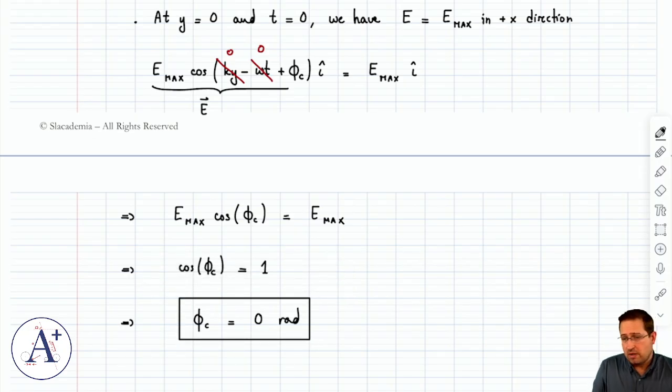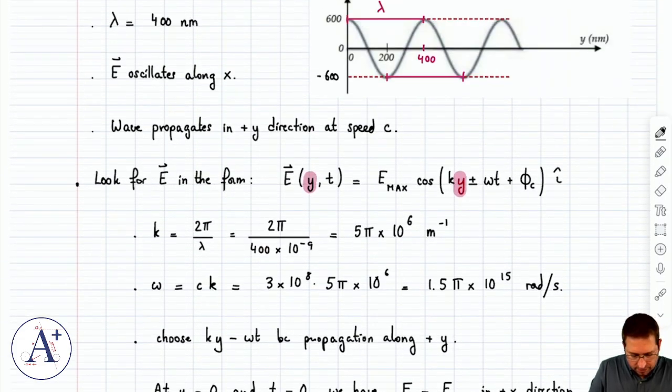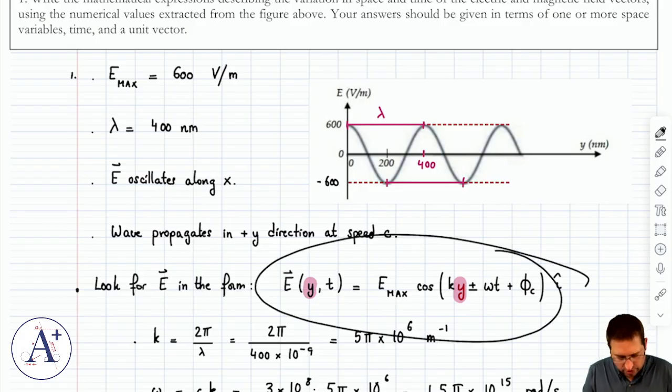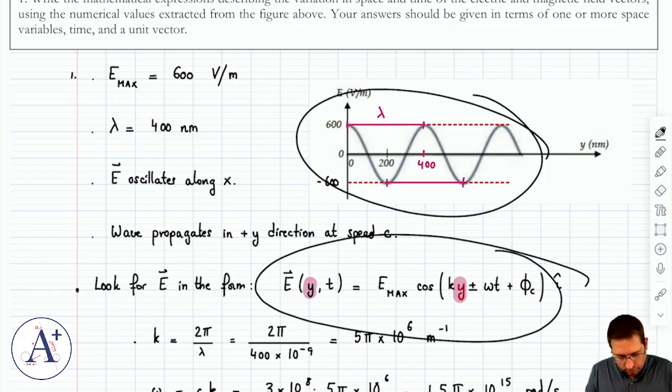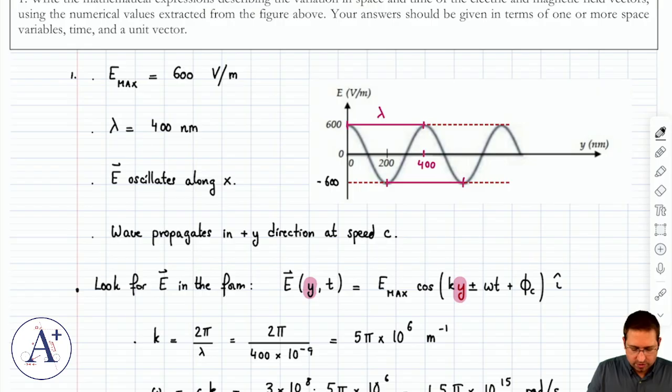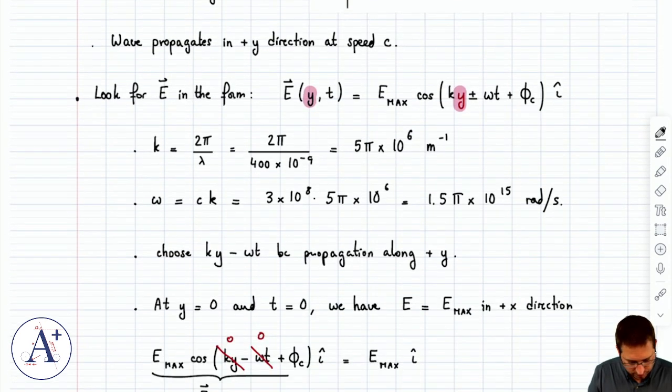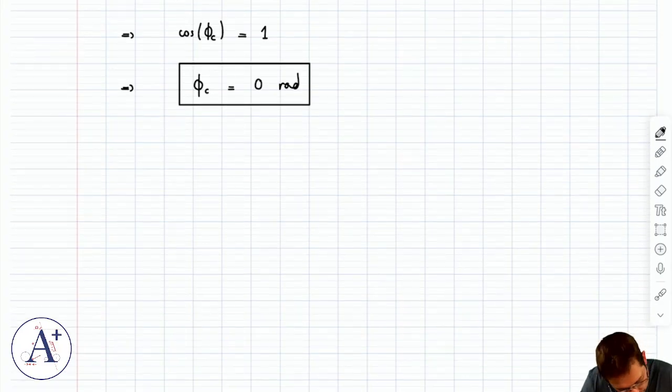Okay, so I found phi sub c. Said differently, if I want this expression to describe this wave that is equal to 600 volt per meter at y equals 0, at t equals 0, I need phi sub c to be 0. That's it. And so then the conclusion is the following.